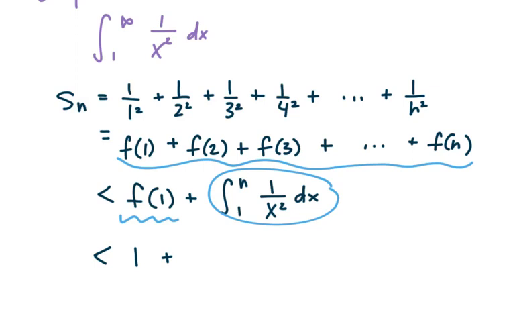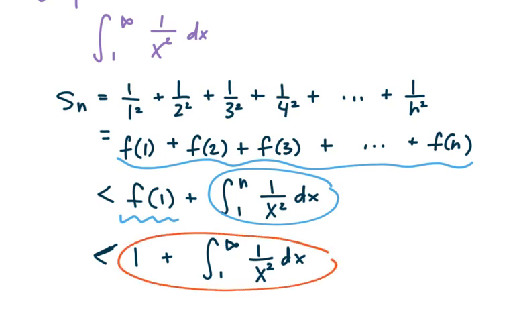But what I can do is I can make this statement. Because that's a finite integral, if I replace that with the improper integral from 1 to infinity instead of 1 to n, now this is bigger than what I had previously written. And what we're trying to show is that it is bounded above, that there's an upper bound here.